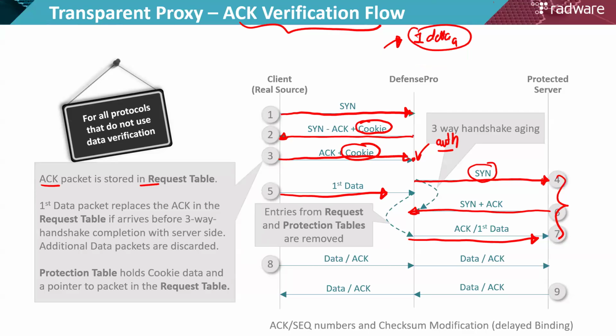When the SYN-ACK is sent back, the defense pro will send out the ACK along with the first data. So the three-way handshake is completed, and the first data communication is also done. Thereon, the client and the server can establish a connection and all the data can be transmitted between the client and the protected server. This is known as the ACK verification flow because at this point we are authenticating the client to be legitimate.